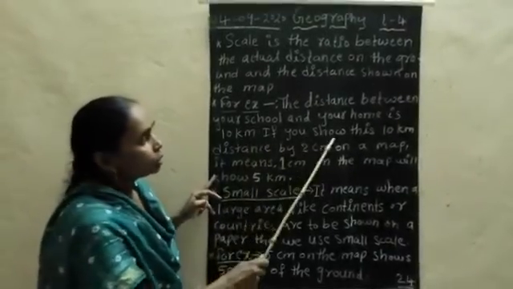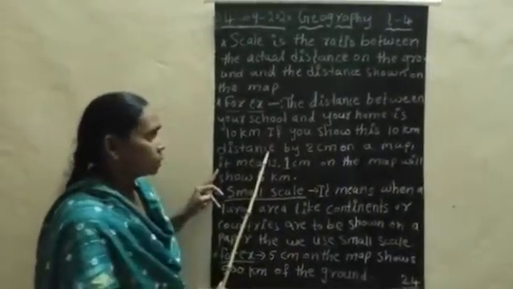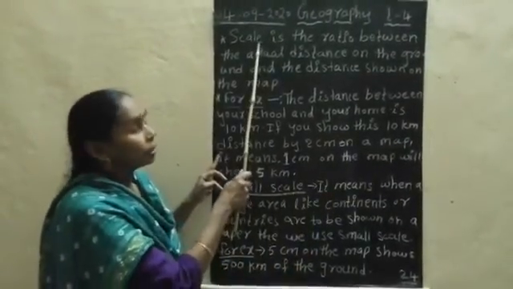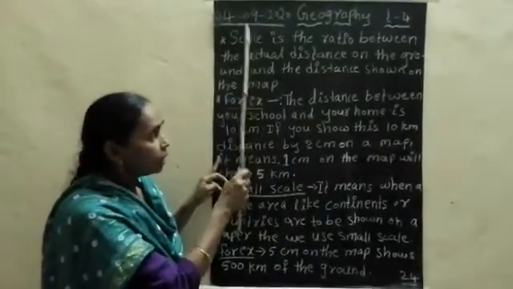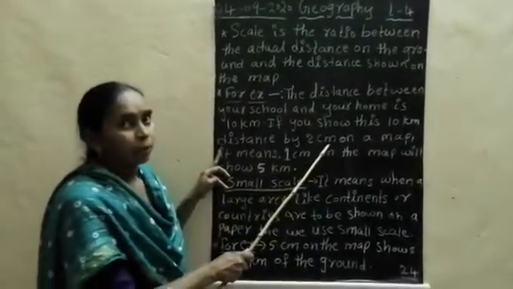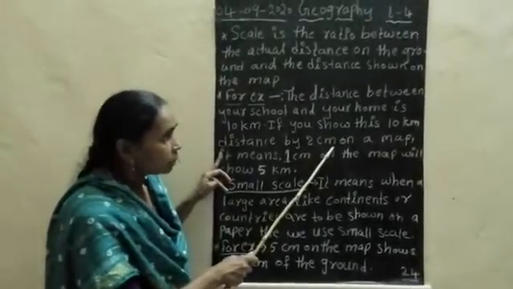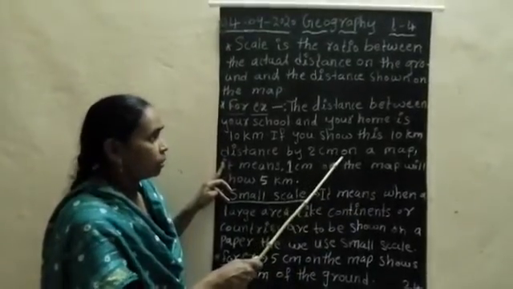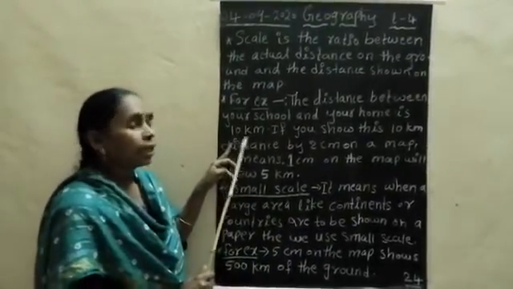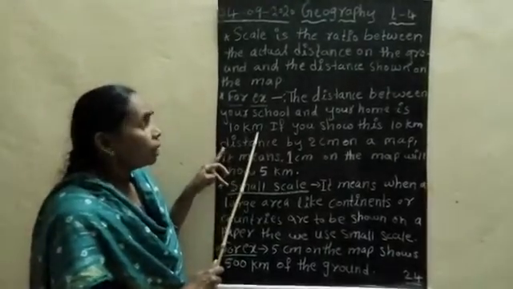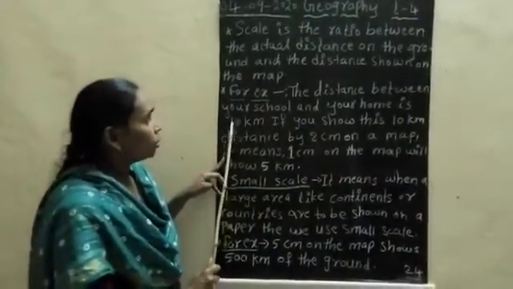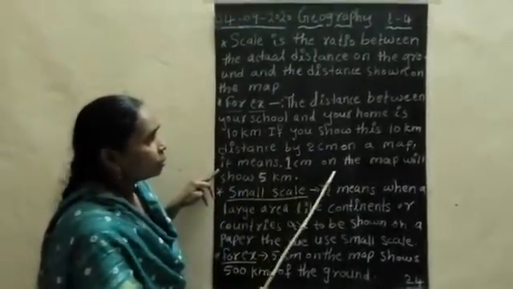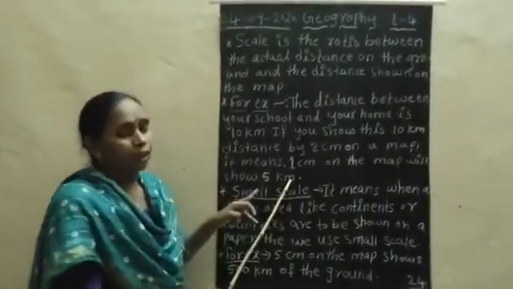If you show this 10 kilometers distance by 2 centimeters on a map, when it is showing 2 centimeters on a map, you have to travel 10 kilometers on the ground. It means 1 centimeter on the map will show 5 kilometers.